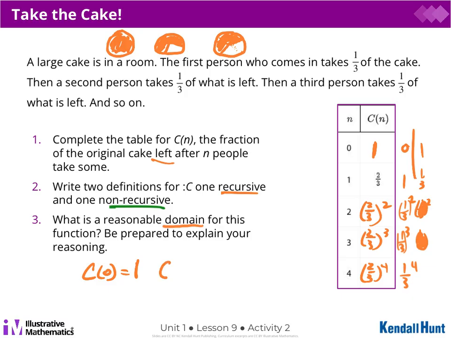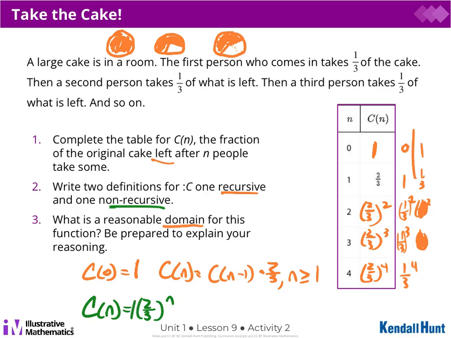So C of n is equal to the previous term times 2/3 for n greater than or equal to 1, because we started at 0. 0 was our first term. So now for the explicit term, C of n is equal to 2/3 to the n, because we started at 1.